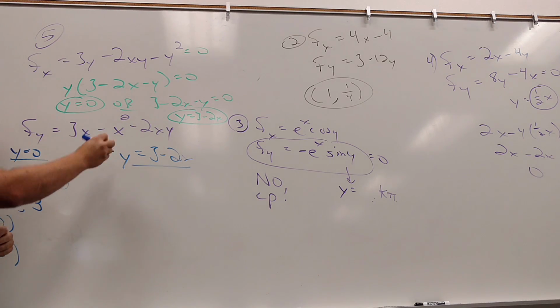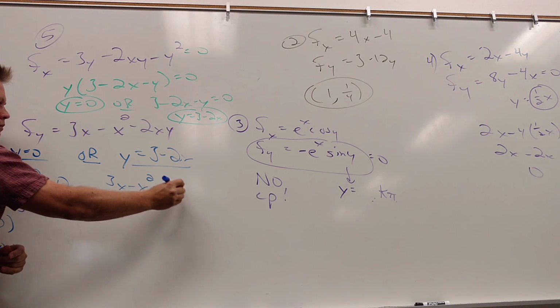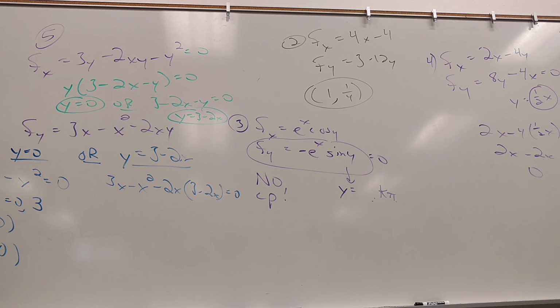So if y is 3 minus 2x, what does this become? And I want that to be 0. Let me stop there for a second. There's nothing different between this and that. It just took a little longer to write this.